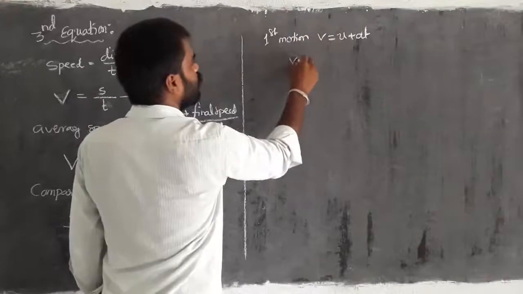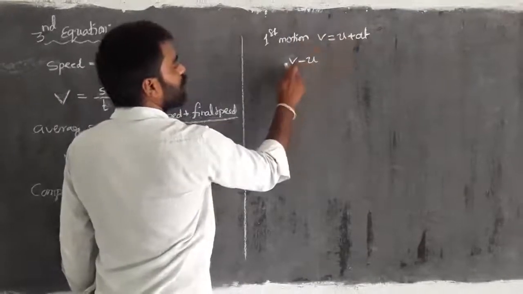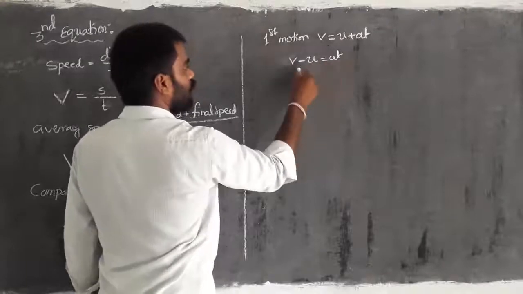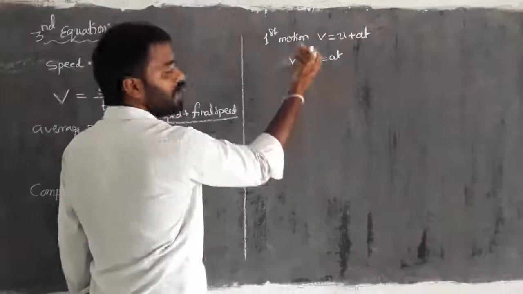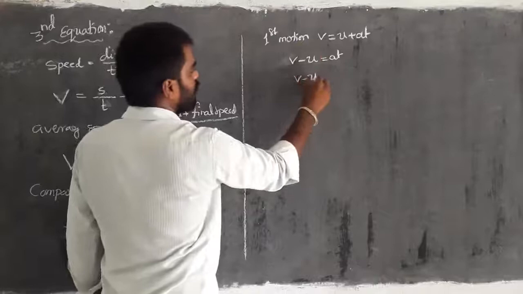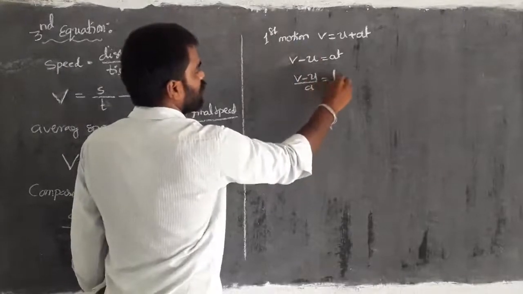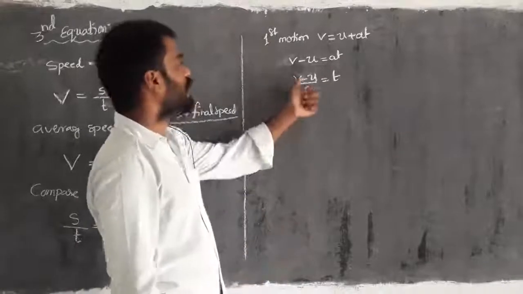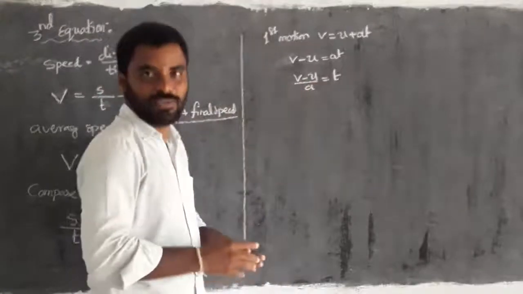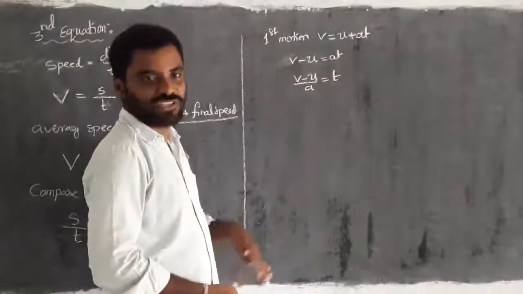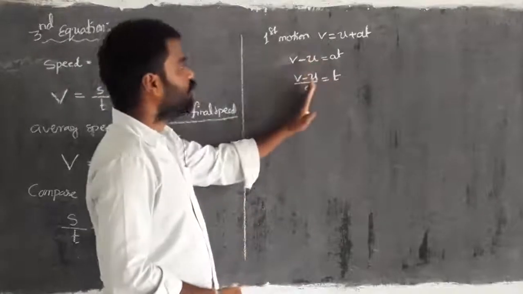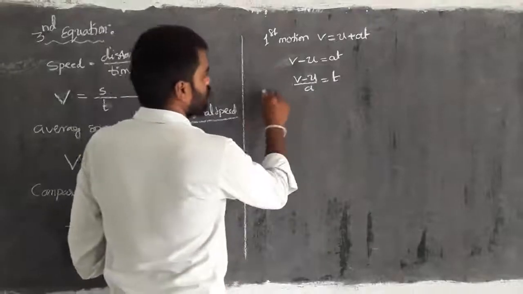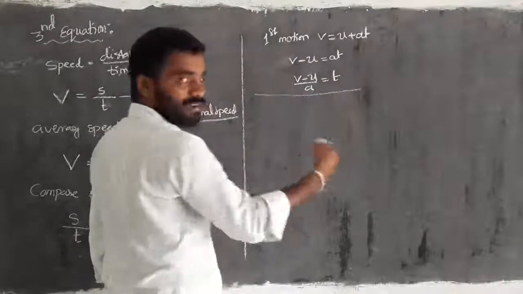So for that we can write v minus u is equal to at. And take a to the left side, then it changes like this. Means time is equal to change in speed by acceleration. v minus u, the difference in speed, a means acceleration. So the value of this is equal to time. This is one type of consideration.